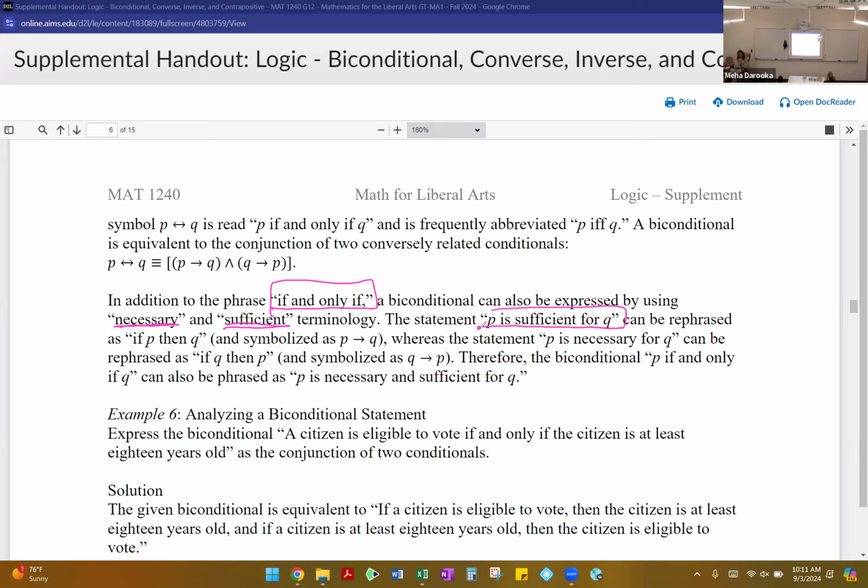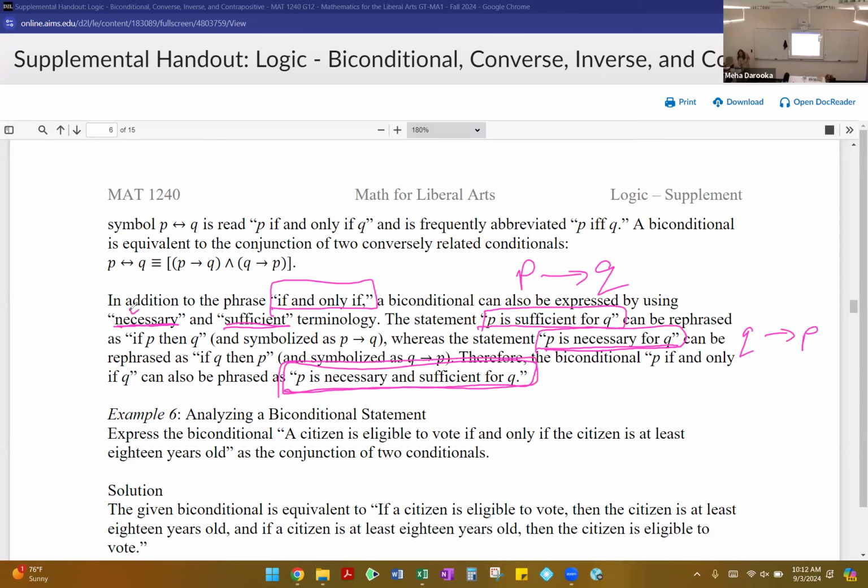We can say P is sufficient for Q, which is one direction: P implies Q. Then we can say P is necessary for Q, which goes in the opposite direction: Q implies P. So when you're doing the biconditional, you would say P is necessary and sufficient for Q.